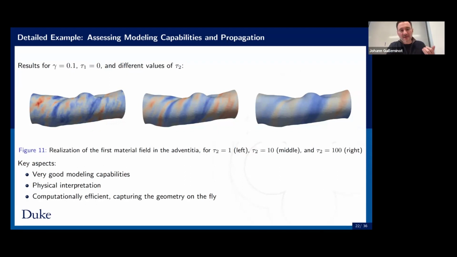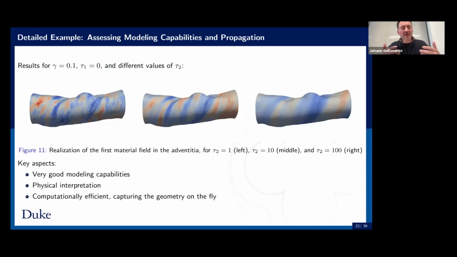So we have very good modeling capabilities. We have a clear physical interpretation. We also have a highly computationally efficient framework. Everything I told you here looks complicated, but running this on a mesh that has more than 1 million degrees of freedom takes a few seconds on my laptop. Right? So that's very, very efficient.